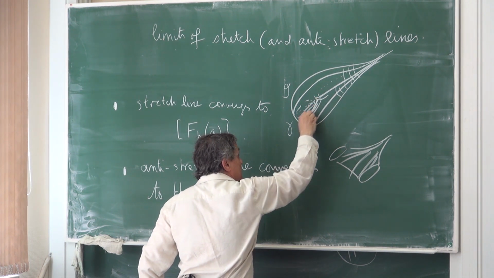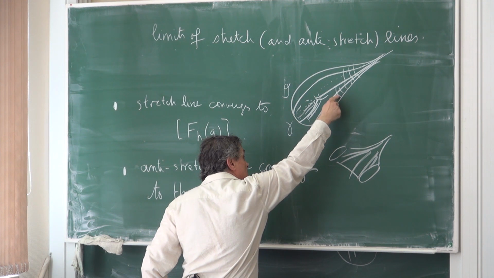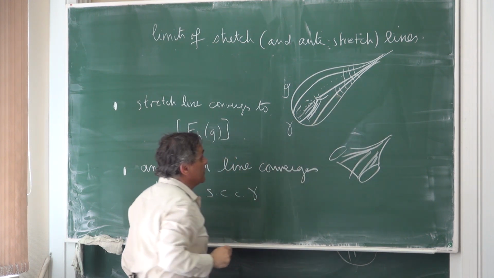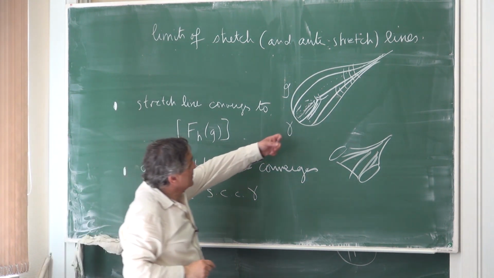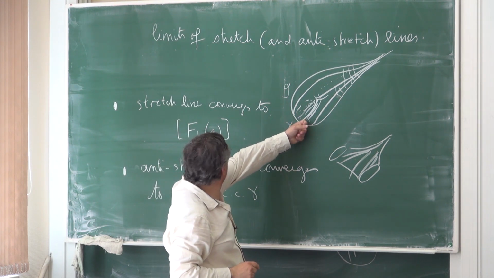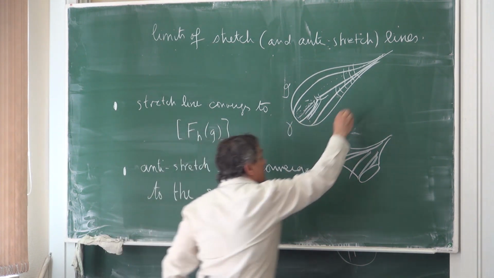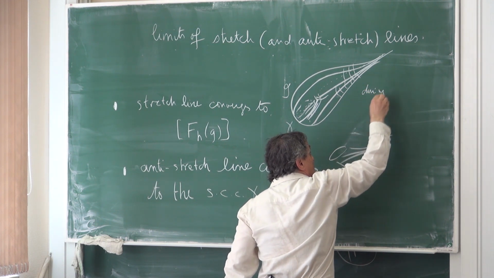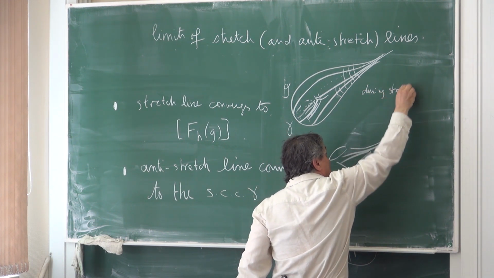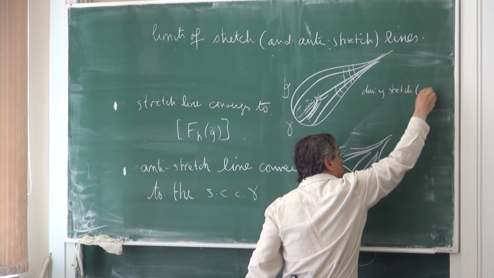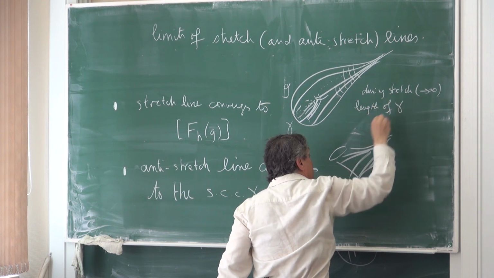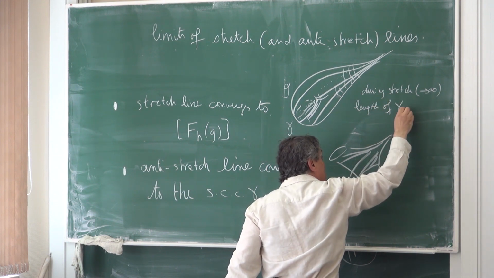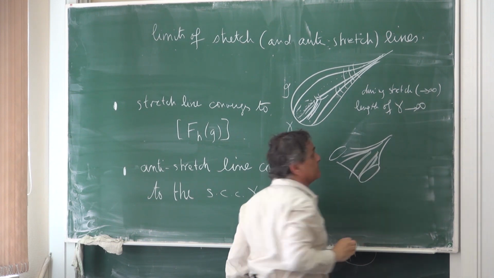When we are stretching the transverse measure of this horocyclic foliation, of course during the stretch, when the stretch goes to infinity, the length of gamma tends to infinity also.